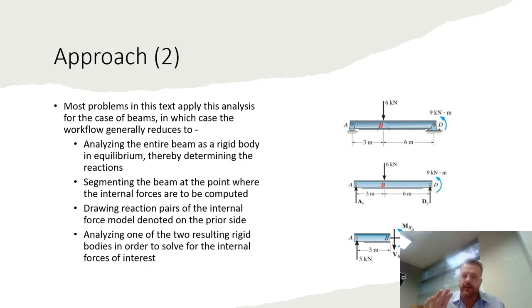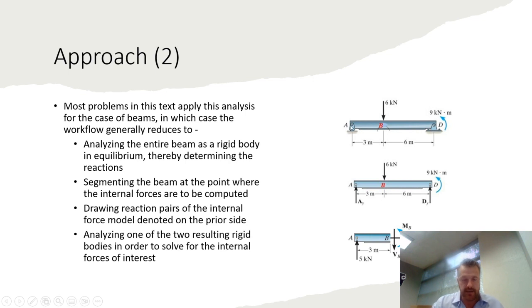So I don't have the capability to solve for any additional unknowns in a two-dimensional static equilibrium analysis. So the first thing that I'm going to do is solve for any external reactions before I actually do my segmentation. And that's all that this first bullet point is telling you, that if you're interested in solving for the internal stresses at point B, the first thing you need to do is do an analysis of the entire beam in order to determine these reaction forces.